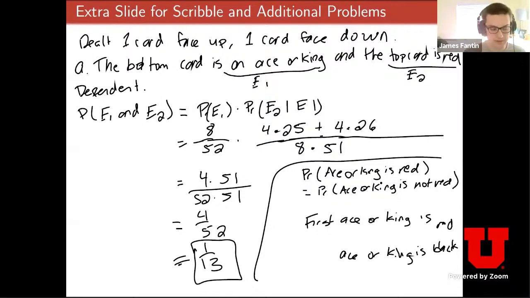Because those two probabilities are the same, you'll end up with some cancellation in the independent formula, and that's the reason why this works: the probabilities that the first draw is red or not red are identical.